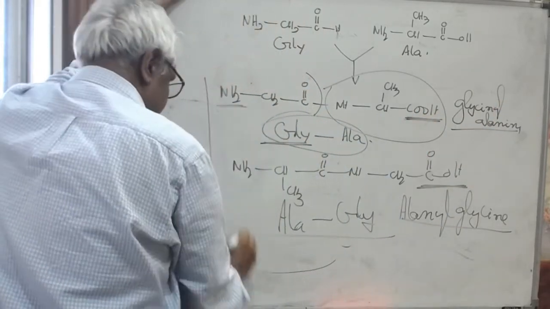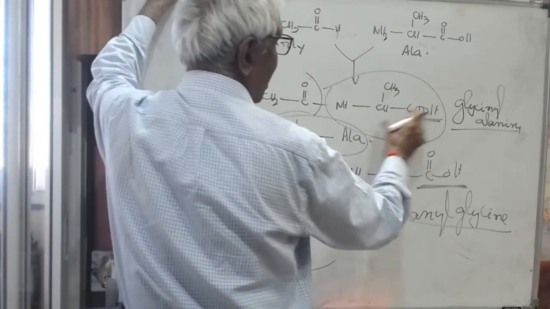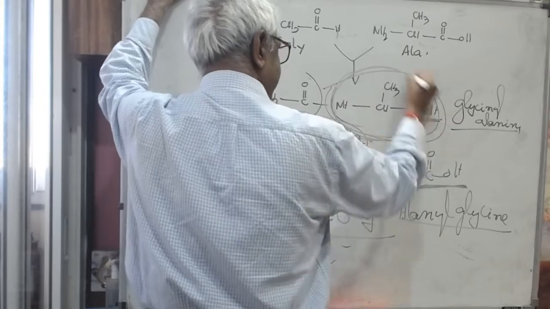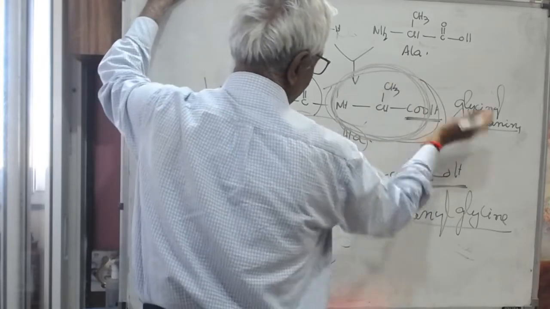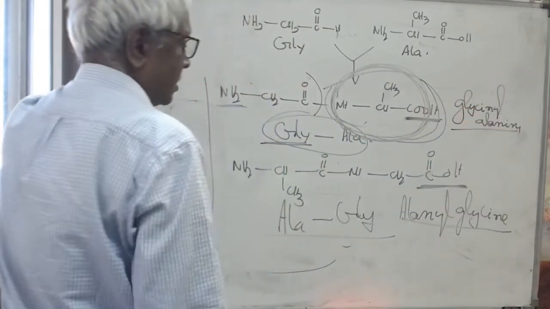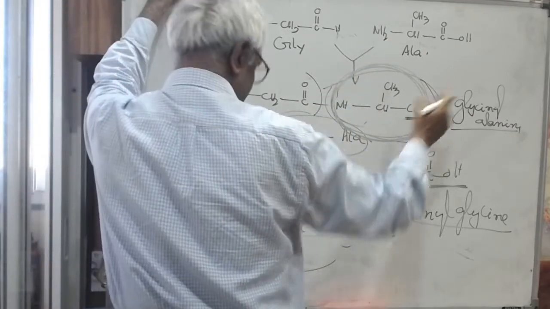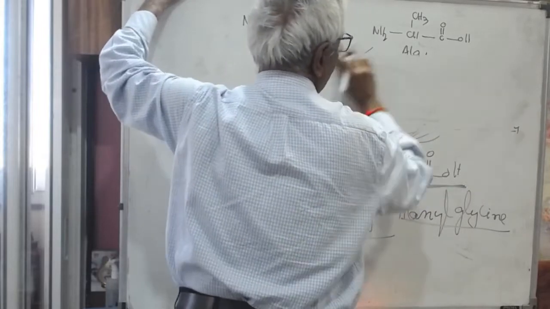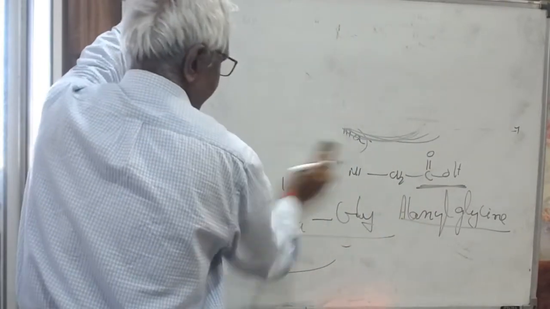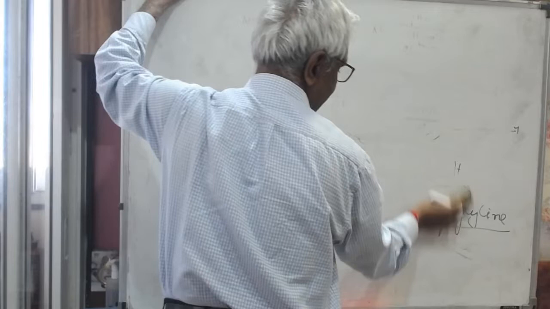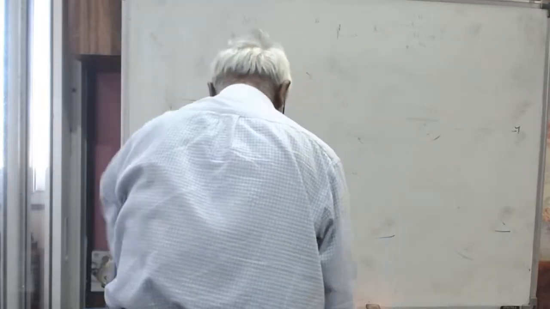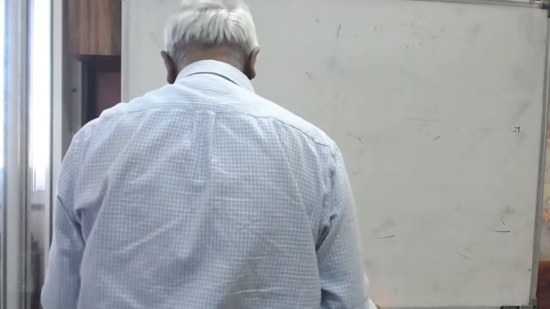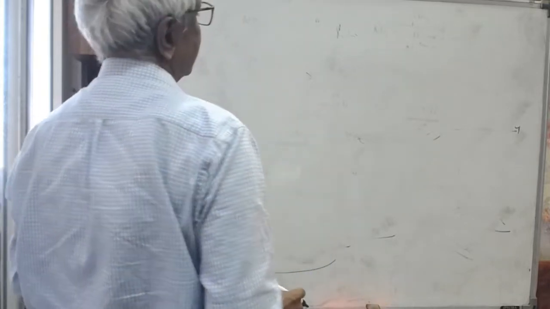This is the convention of writing, and you have to name it with the main functional amino acid, the one which has the carboxyl, as the last name. This is how amino acids and peptides are referred to. Alanyl glycine.